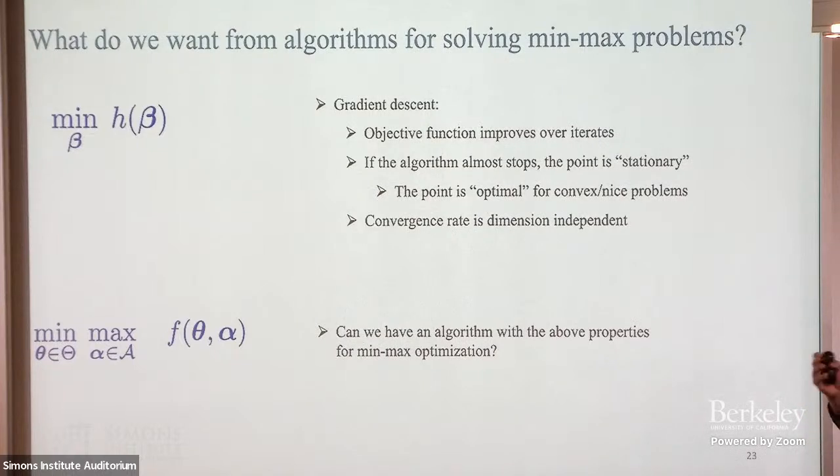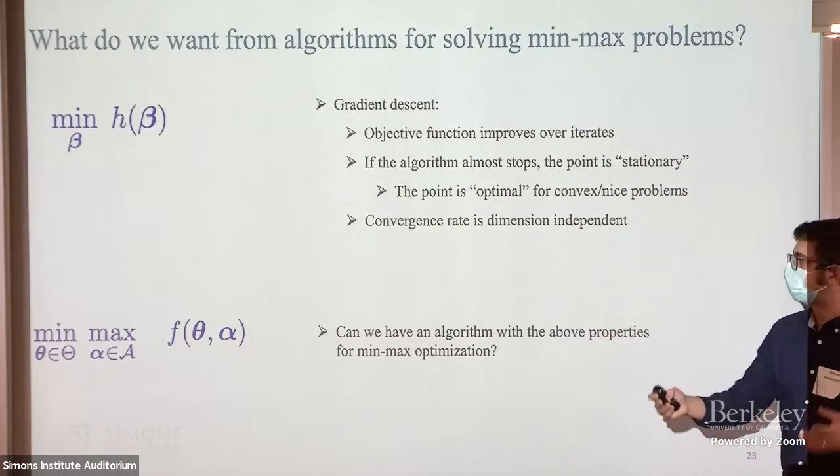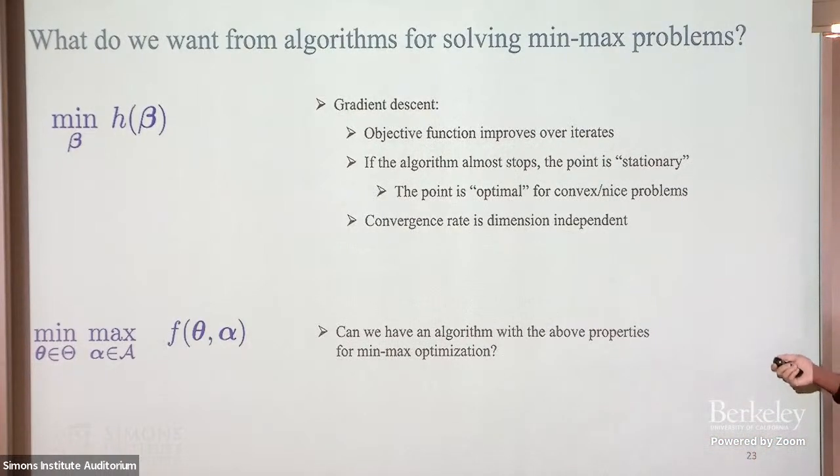So now that we know what solution concept we are looking for, let me talk about what algorithms we are looking for. Again, I listed the properties that we have when we focus on regular minimization. For example, when we looked at gradient descent, we saw that the objective function improves over iterates. It means that when you start and stop after an hour, you are almost certain that you get a better point.